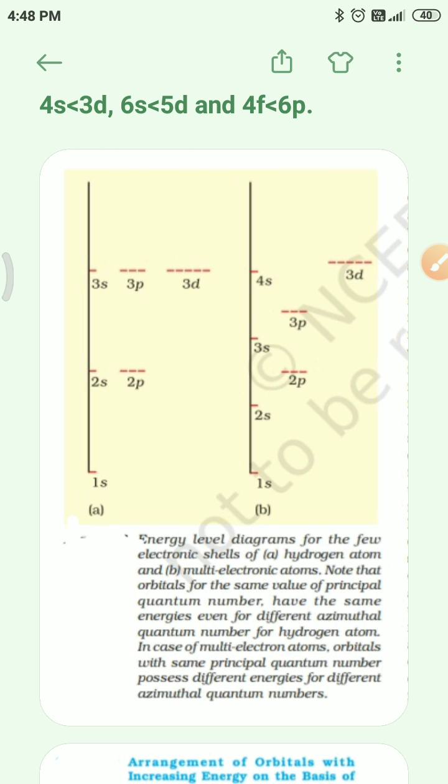The 1s orbital in a hydrogen atom, as said earlier, corresponds to the most stable condition and is called the ground state. An electron residing in this orbital is most strongly held by the nucleus.